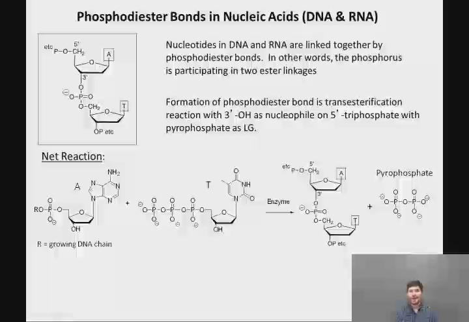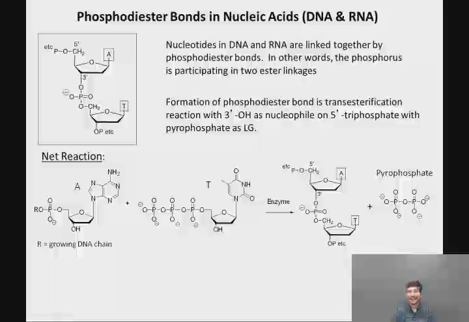We'll look at the mechanism in more detail on the next slide, but it's going to attack what's called the alpha phosphorus, the first one closest to the ring, and then the other two phosphoruses are being kicked out as pyrophosphate. Pyrophosphate has 2 phosphoruses, 7 oxygens, and 4 negative charges on it at physiological pH. And pyrophosphate is nature's preferred leaving group.